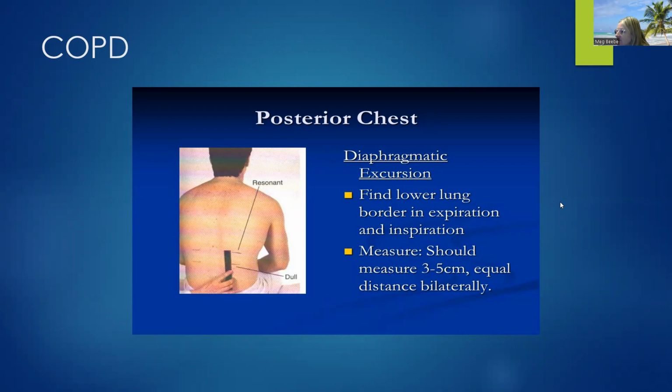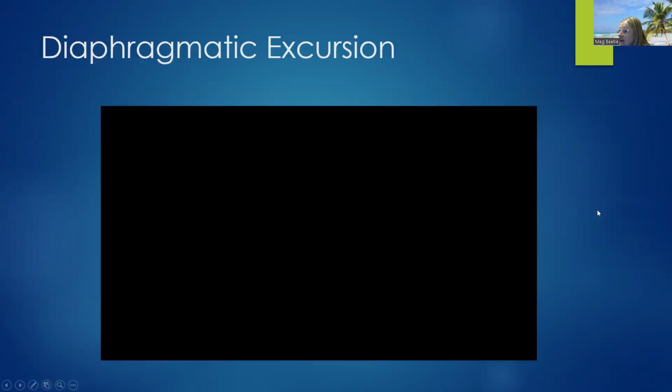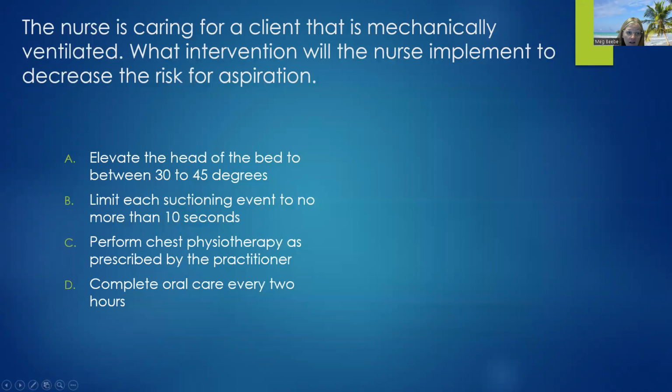A lot of times it's advanced practice providers or physicians who are going to be utilizing this, but what you'll notice is you'll hear a change in the sound of the resonance, depending on if you're over more of a fluid area or over more of a tissue area. So in this next slide, this again is where you can watch the diaphragmatic excursion testing done. And again, I'll link that video below.